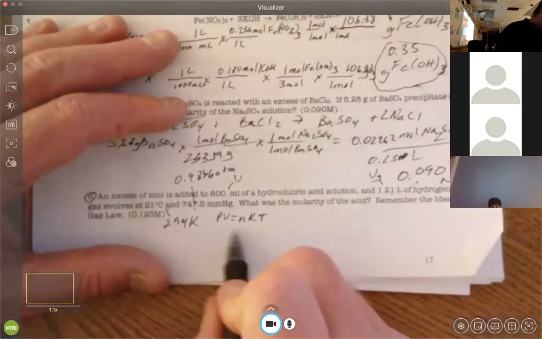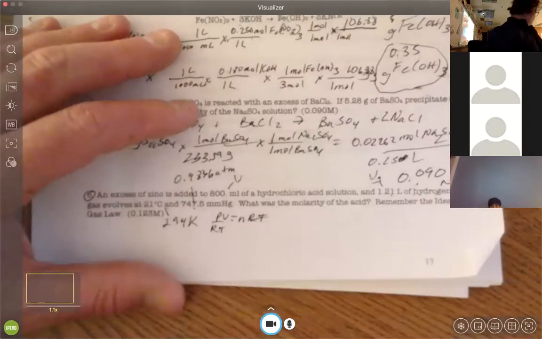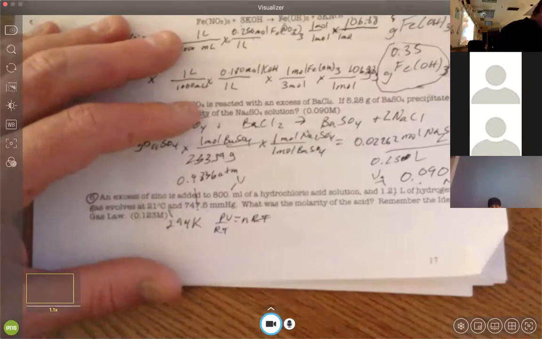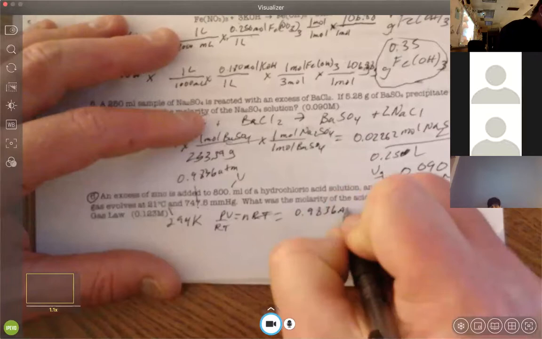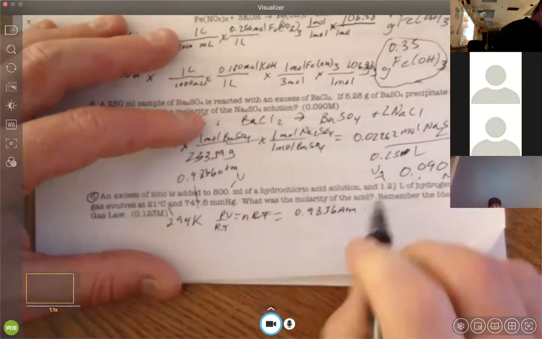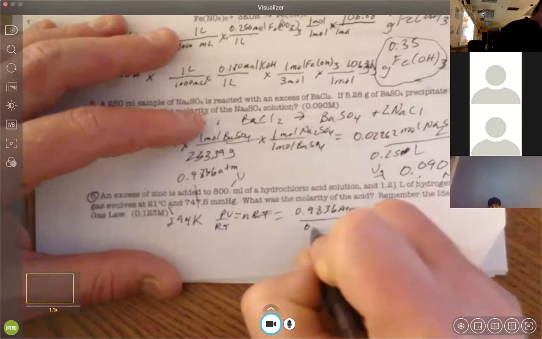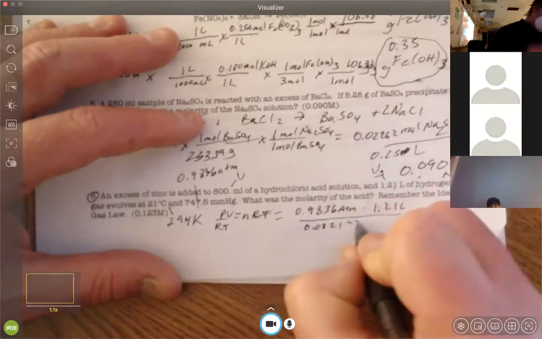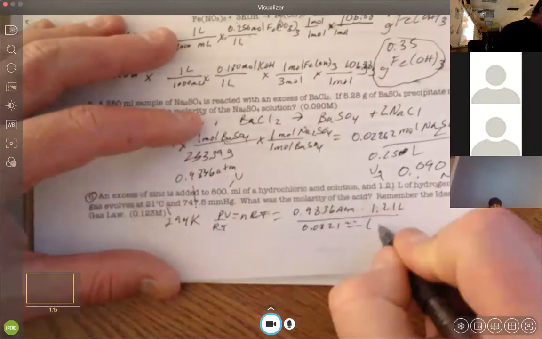I want moles, so I need to rearrange this equation. Take out R and P. Times the V, 1.21 liters. 0.0821. All of those good units that we have cancel out everything. And then the temperature, 294 Kelvin.